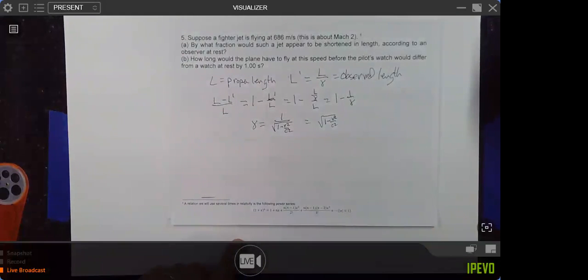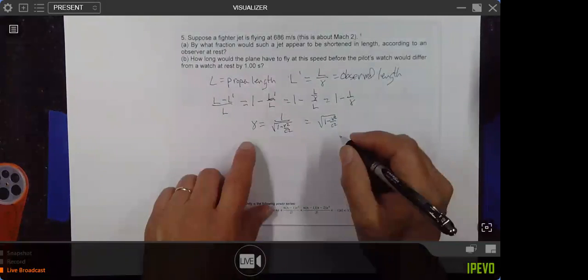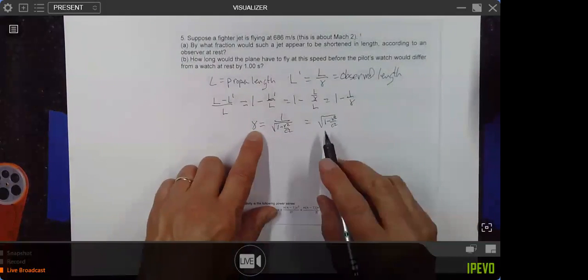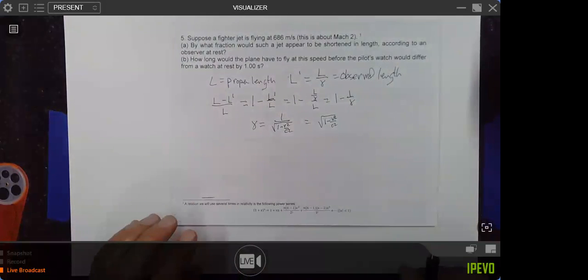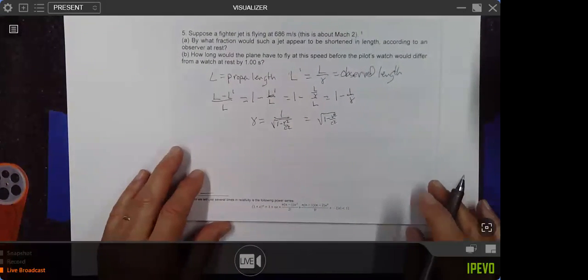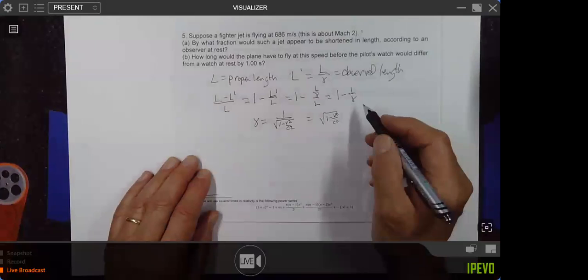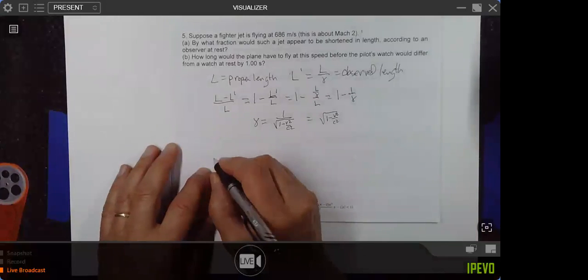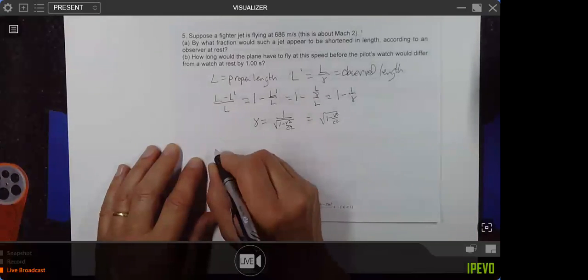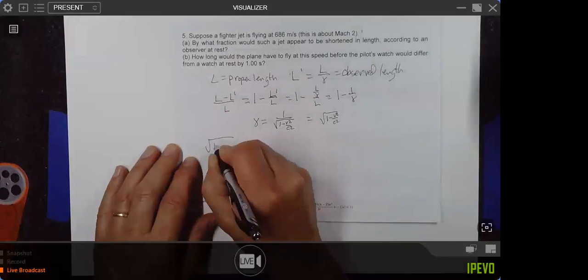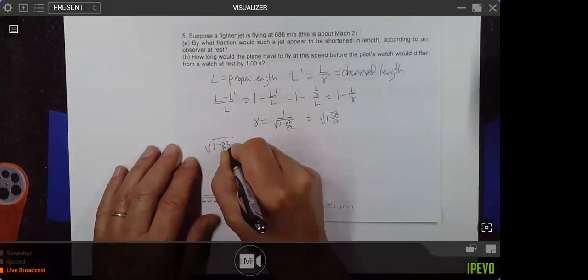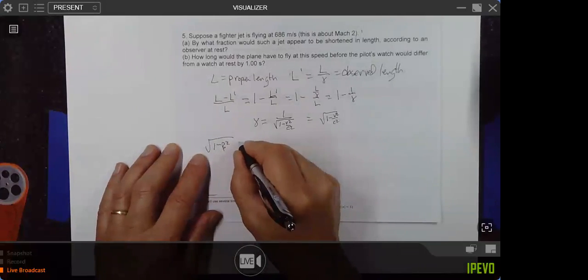So that will work, I think. Let's see what happens. We'll just plow ahead with this thing and see if it works. Okay, the square root of 1 minus, I'll call it beta squared so I don't have to write so much.